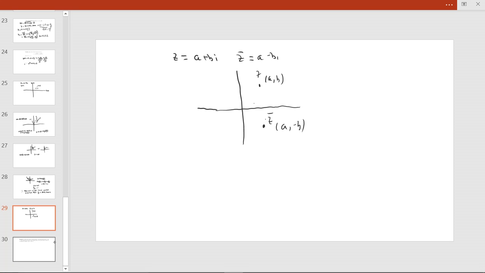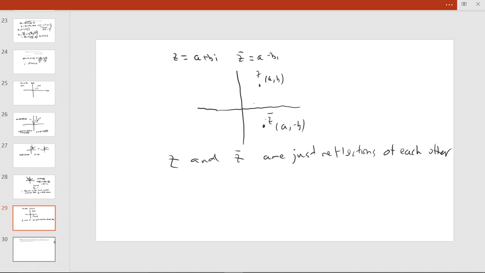So this means that z and z conjugate are just reflections of each other over the real axis.